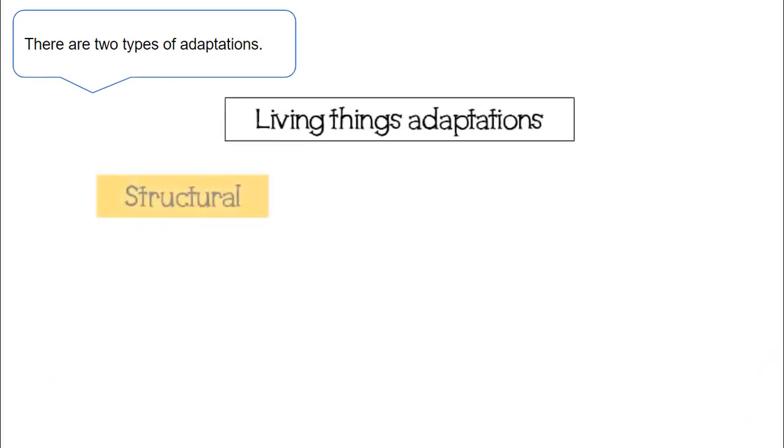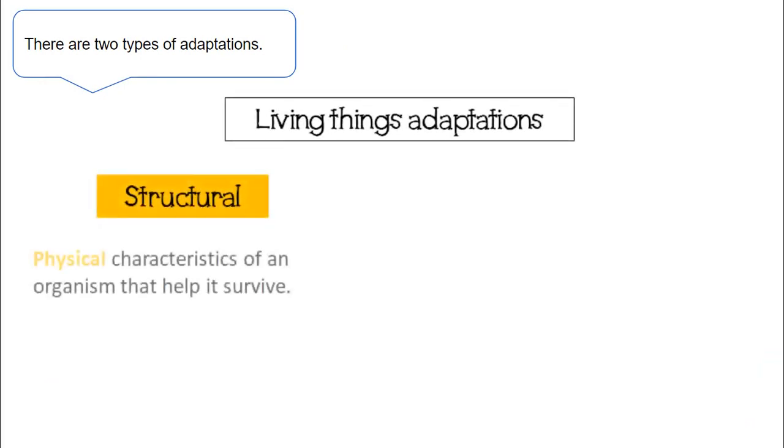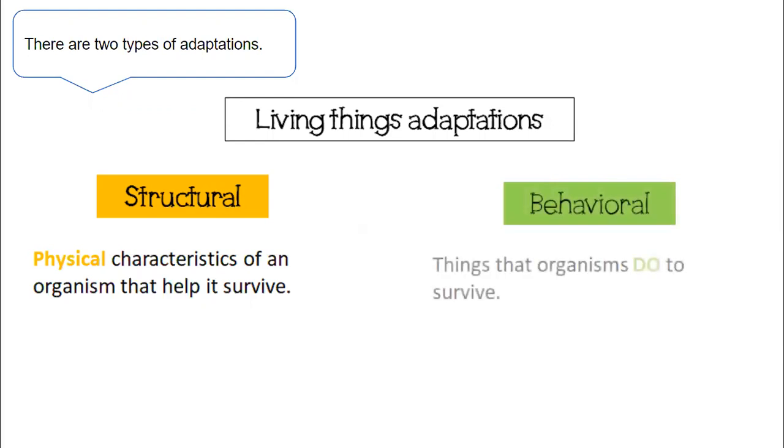There are two types of adaptations. Structural, that are the physical characteristics of an organism that help it survive, or behavioral. These are the things that organisms do to survive.